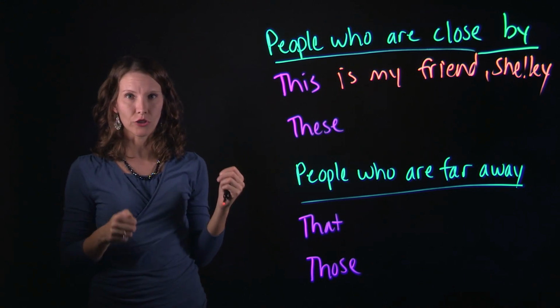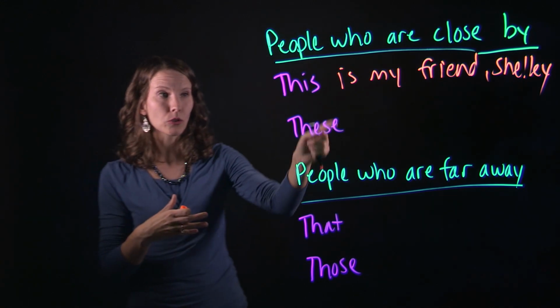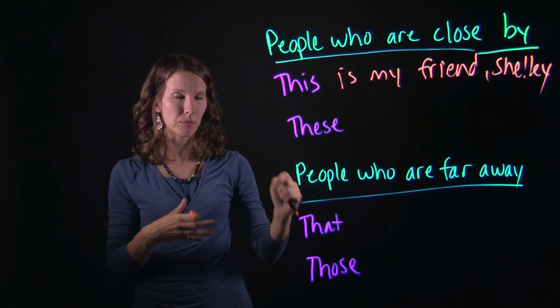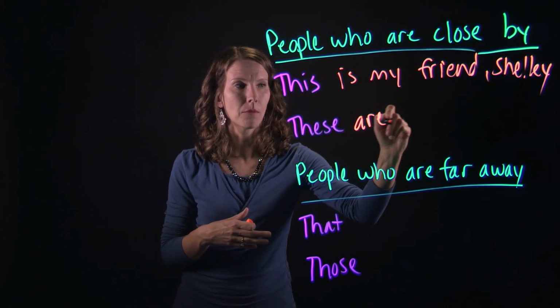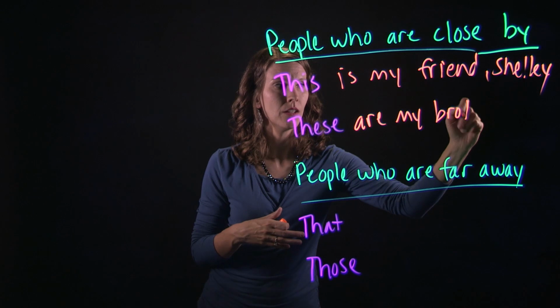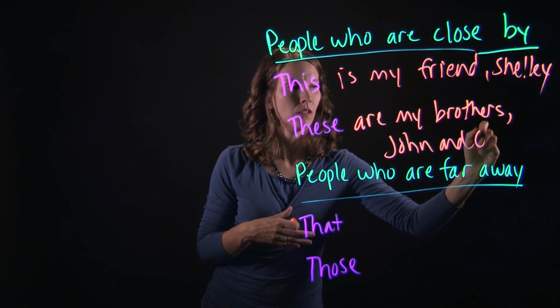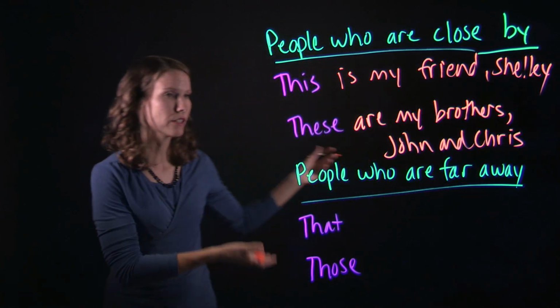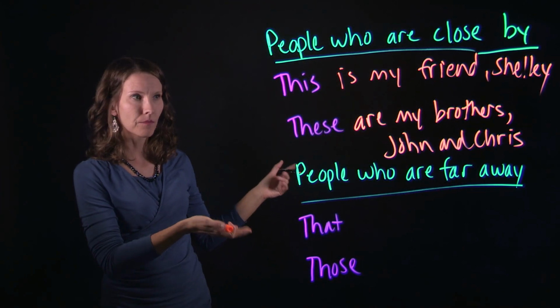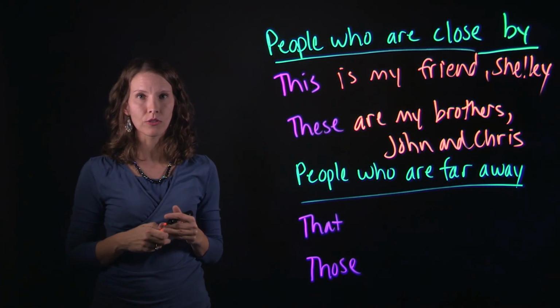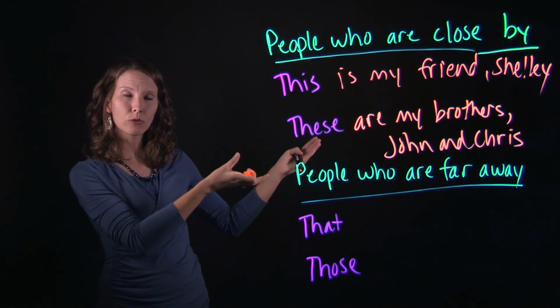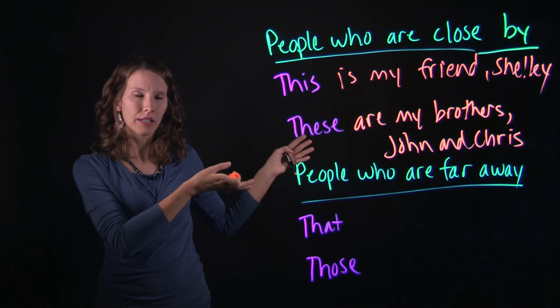This is my friend Shelley. If I'm introducing a group, plural, a group of people standing next to me, I would say these. These are my brothers, John and Chris. These guys are my brothers, John and Chris, referring to a group of people, introducing them if they're standing right there by me.